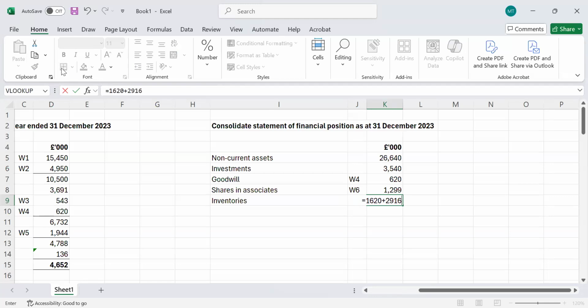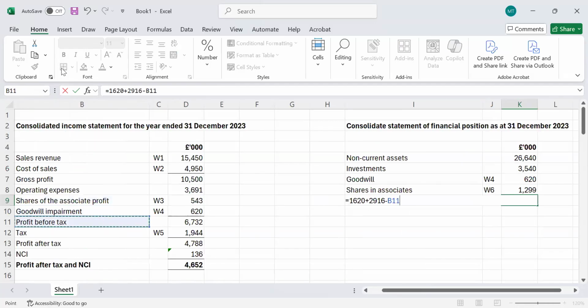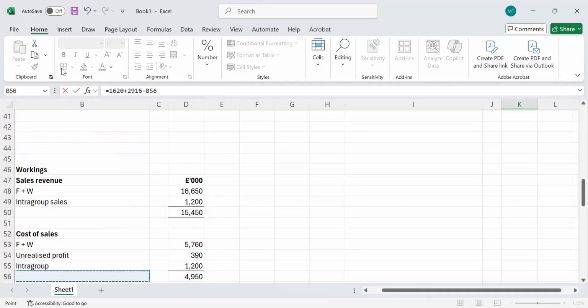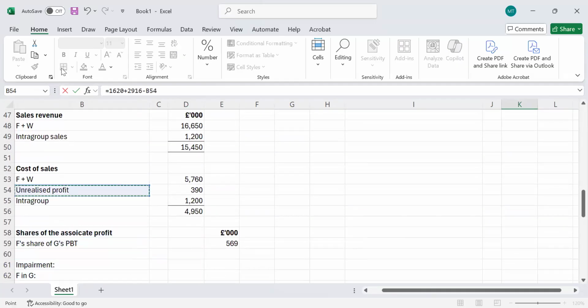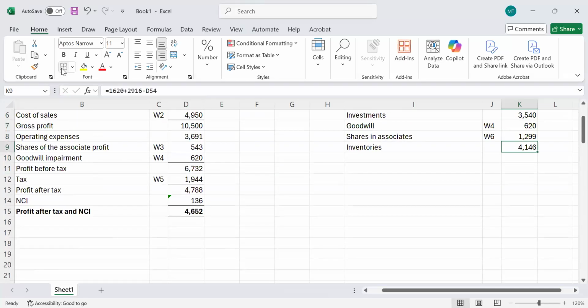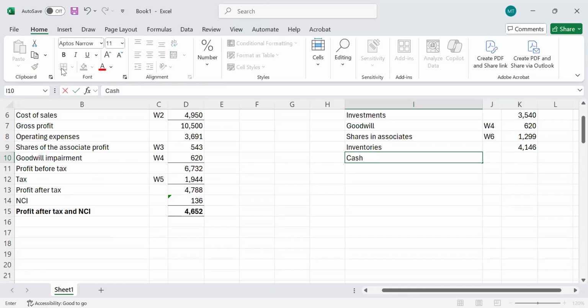Yes, we do, because we know there is unrealized profit sitting in inventory and transactions. So how much was the unrealized profit, or PURP? Remove that. So the actual inventory figure would be 4146. And then the final item under assets will be cash.